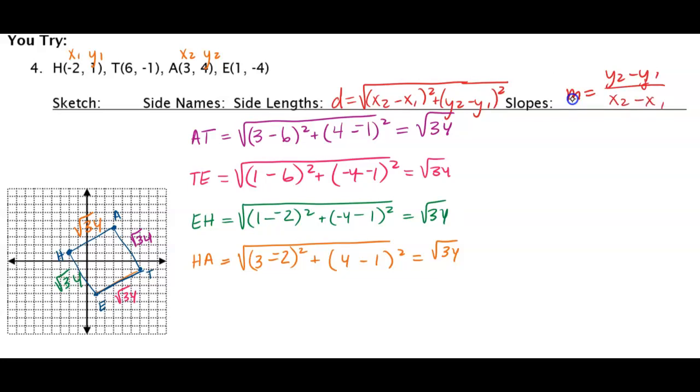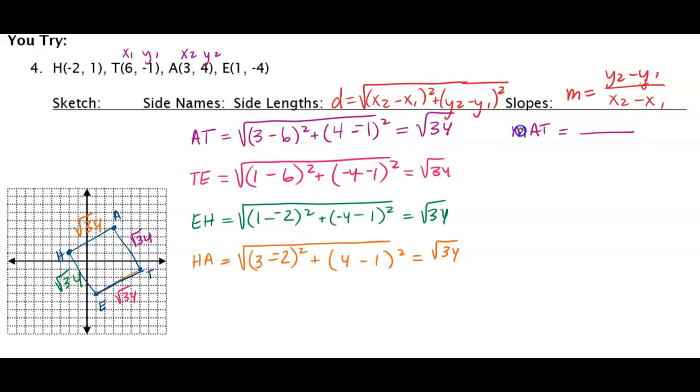So we can go through and figure out the slopes for each of these. So for the slope of AT, I'm going to go back and relabel my points. Let's do T is x1, y1, and then A can be x2, y2.